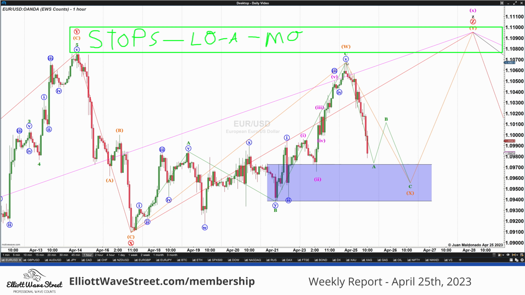The price on the euro today is showing a big sell-off, and when this is happening, when there is no liquidity on the demand side of the market, on the bid, we can expect the price to reestablish soon that liquidity, and that's going to be the shape of the B wave.